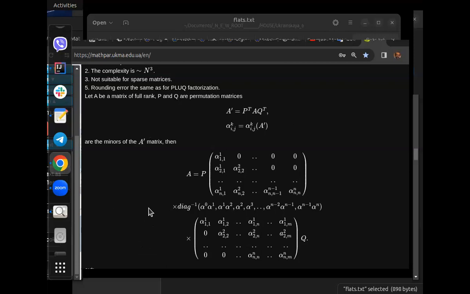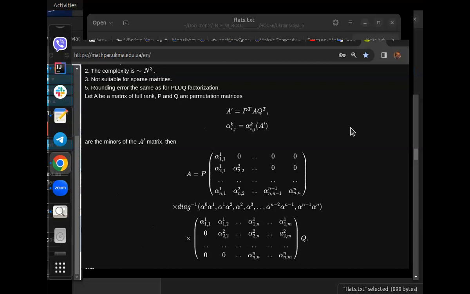If we do permutations of rows and columns, we obtain the matrices P and Q. P is for permutation of the rows, Q for permutation of the columns.